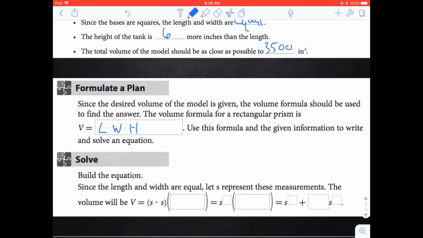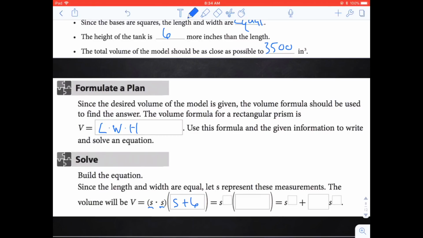So to solve, we're going to build our equation here. Since we already said that the length and width are equal, let S represent these measurements. So our length is S and our width is S. And then we know our height is 6 more, so that would be S plus 6. That would make it 6 more than the length.